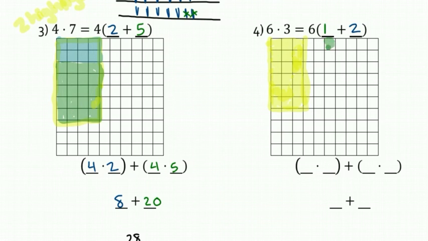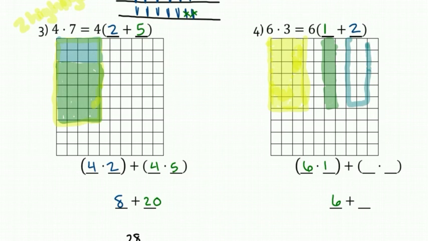So 6 times 1. There you go. So that would be 6 times 1. And that would be 1, 2, 3, 4, 5, 6. And then I have 6 times 2. So 6 times 2.